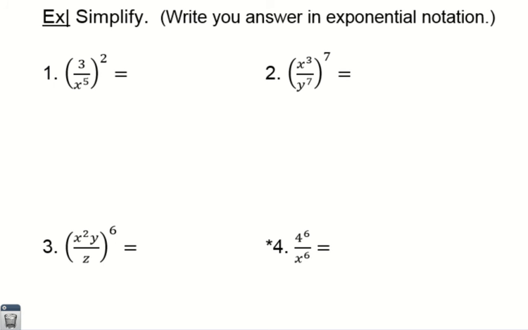Okay, so here's what happens in practice. I think we're just going to have these four examples. In number 1, the numerator gets that power, and so does the denominator. So we got x to the 5th to the 2nd.